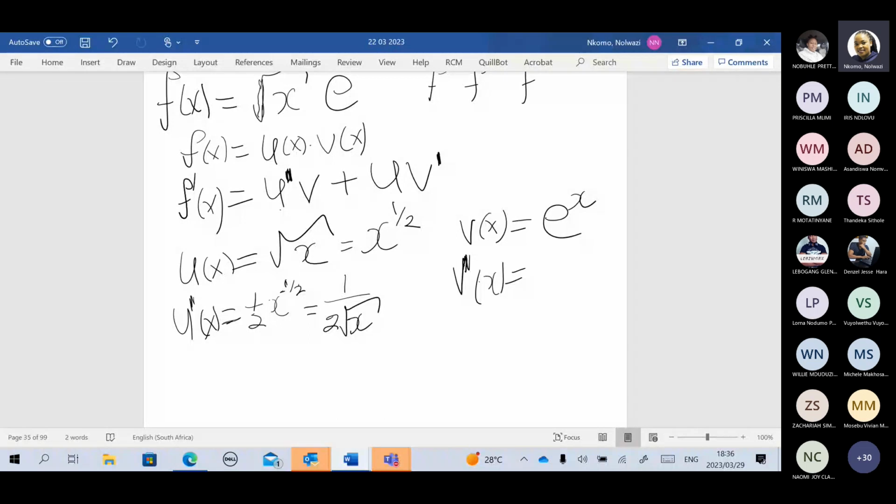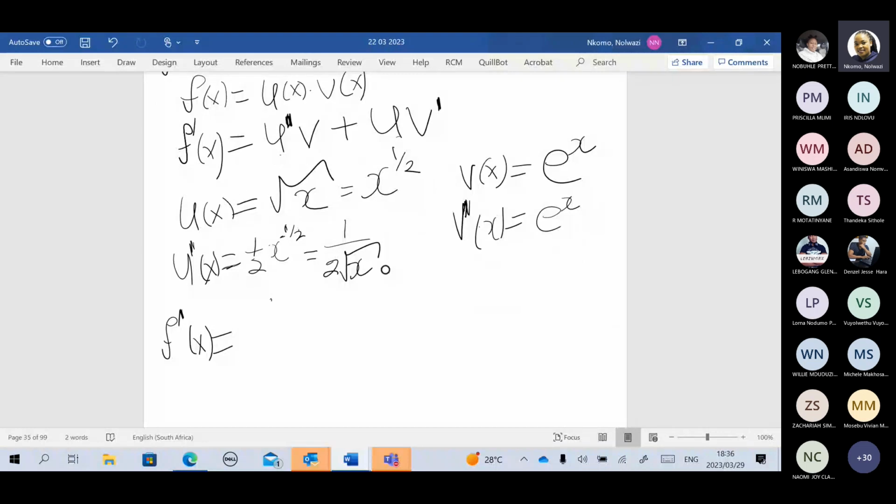And we can now take our u, v, and u prime, v prime, and substitute them back here. So this means our f prime of x is u prime, which is 1 over 2 root x, times e to the power x, right?